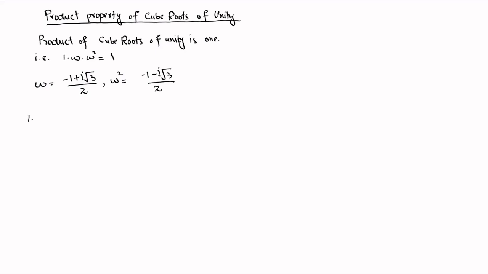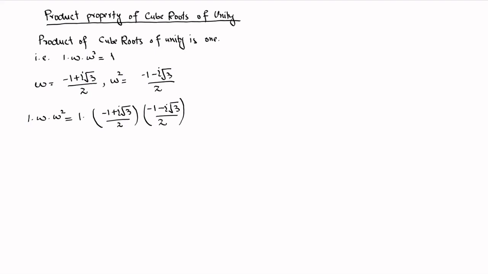So the product 1 multiplied with omega square is equal to 1 multiplied with the value of omega, which is minus 1 plus iota square root 3 divided by 2, multiplied with minus 1 minus iota square root 3 divided by 2.